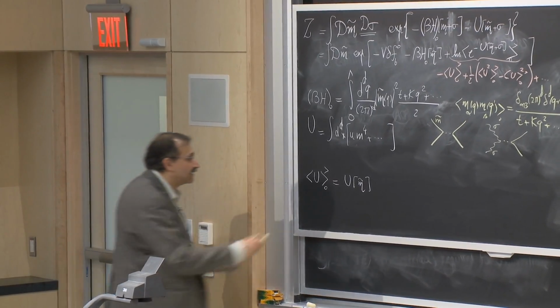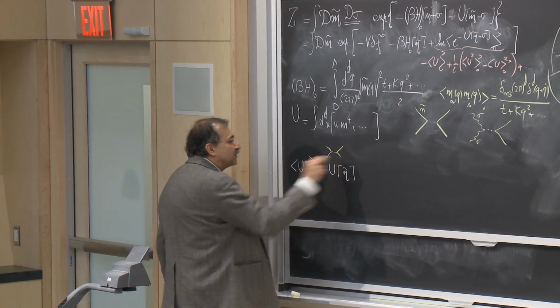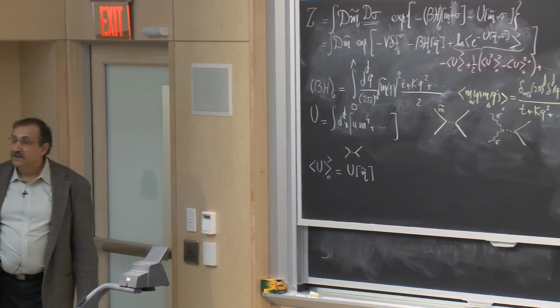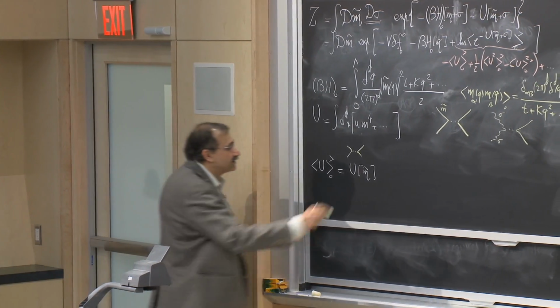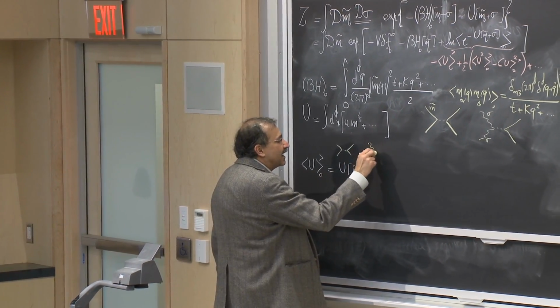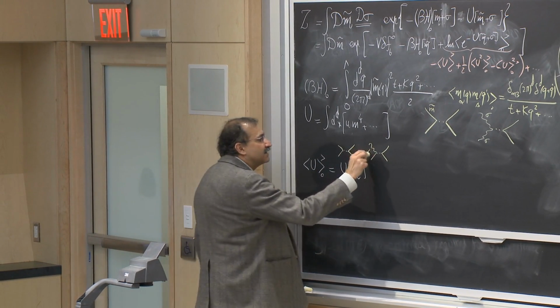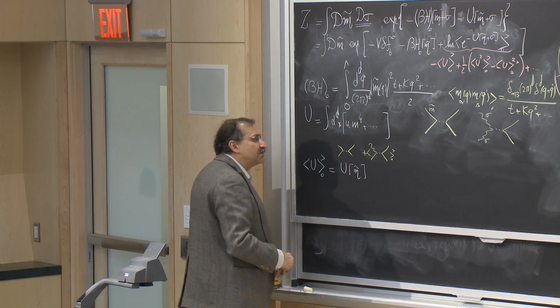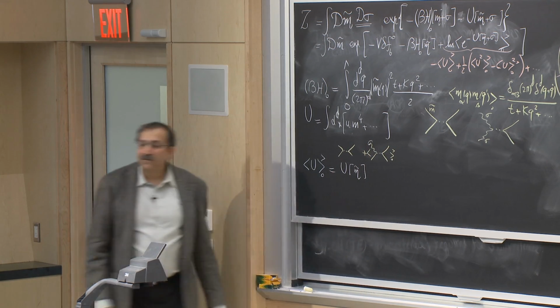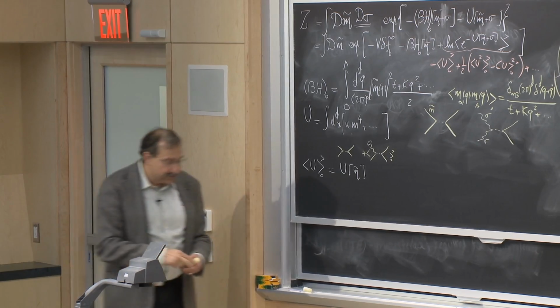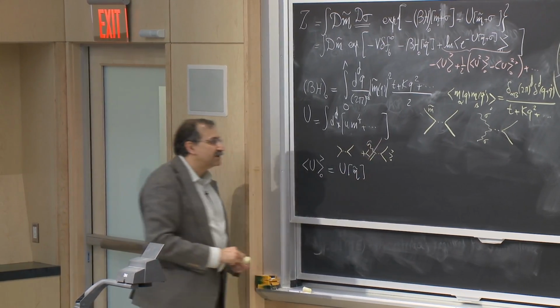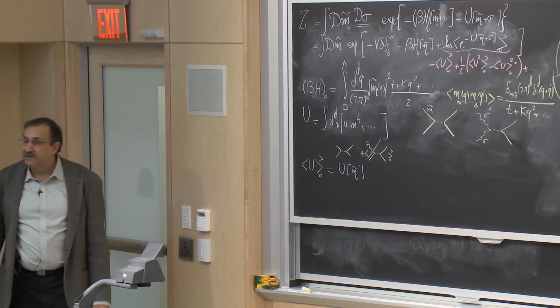So basically, diagrammatically, this would correspond to this entity. There was a whole bunch of things that canceled out to 0. Any diagram that I had with only one leg, when I took the average, because I had a leg by itself, which would make it an odd average, would give me 0. So I didn't have to put any of these.